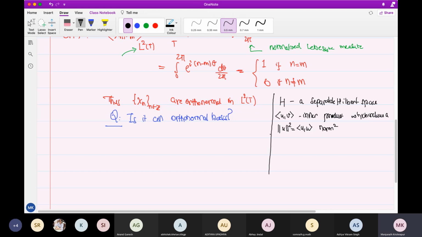This is norm squared, the norm allows you to measure distance, and under it H is complete.